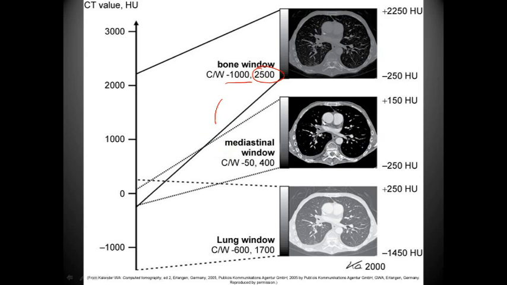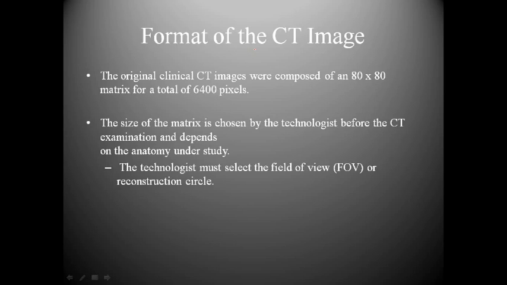Here we have a center of negative 50 and a window width of 400. And here we have a center of negative 60 and a window width of 1,700. And so as we can see, all we need to realize here is that different types of windows and levels can really affect what an image looks like.